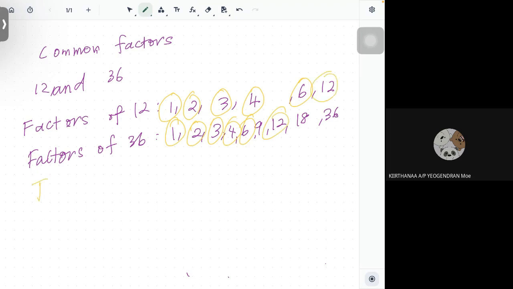The common factors are 1, 2, 3, 4, 6, and 12. So these are the common factors.